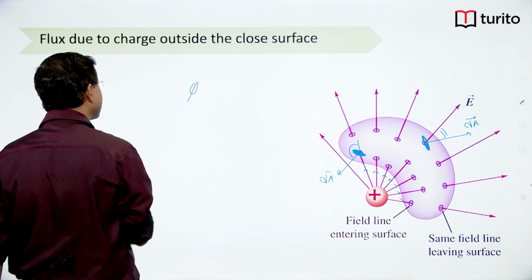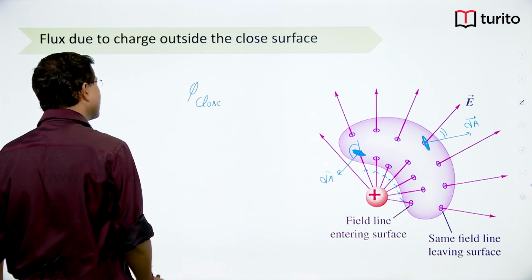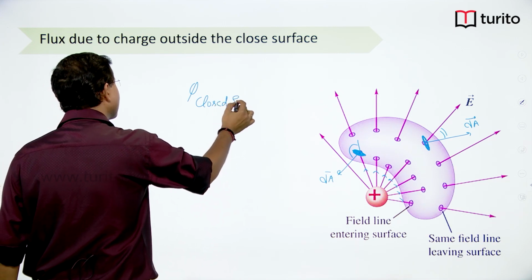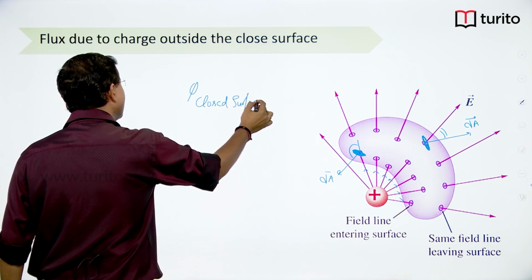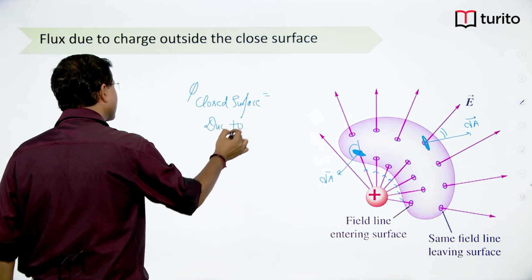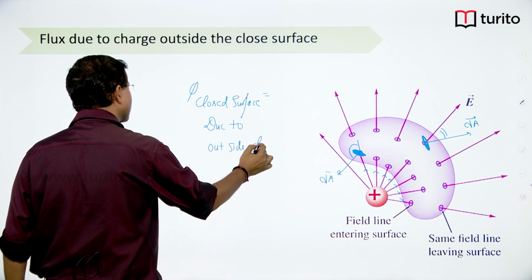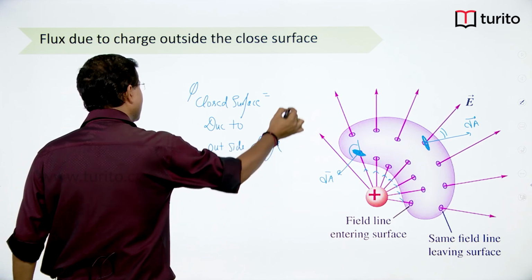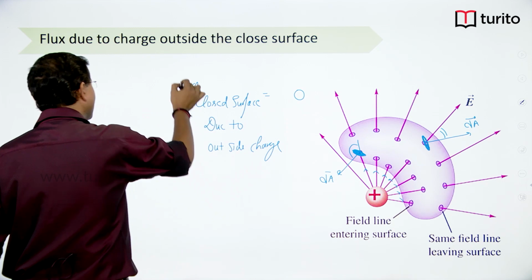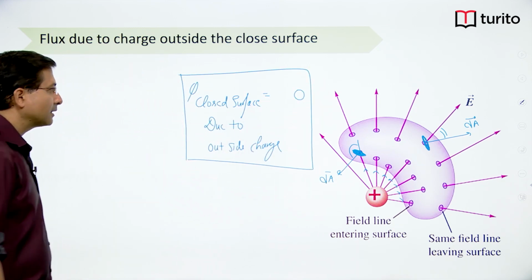So flux through any closed surface due to an outside charge is 0. This is the first point and an important one.